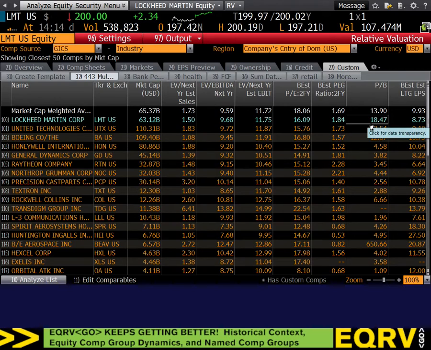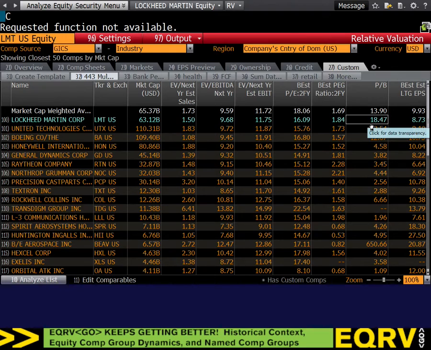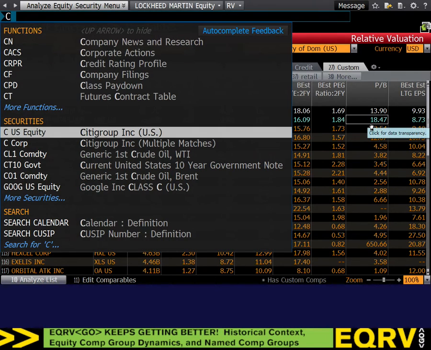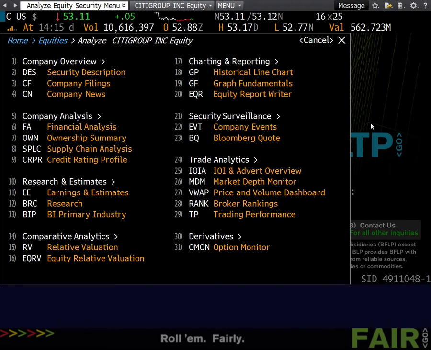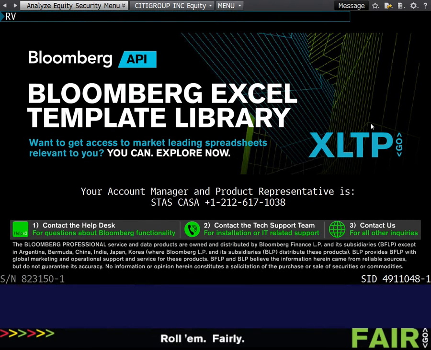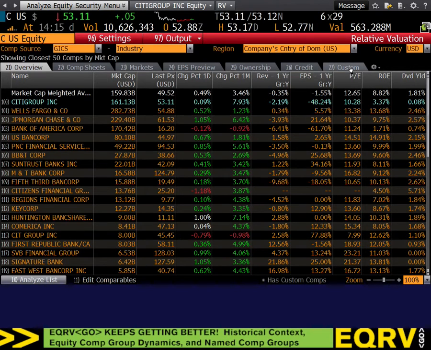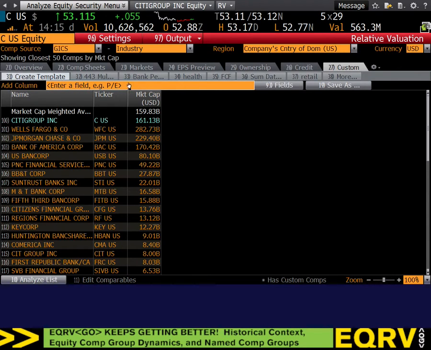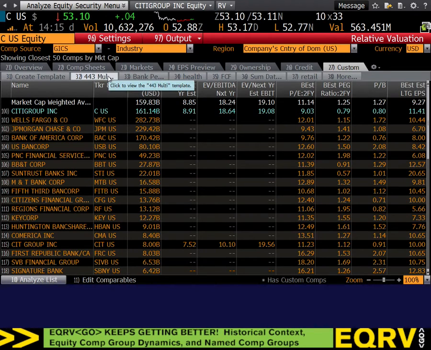So, here's the thing. Just as a quick example. Here's Citi, and I know we're not going to do banks, but Citi's been in the news because of the stress tests. Here is the price to book of Citi. Today it's 0.8.